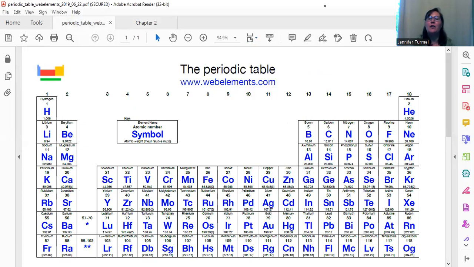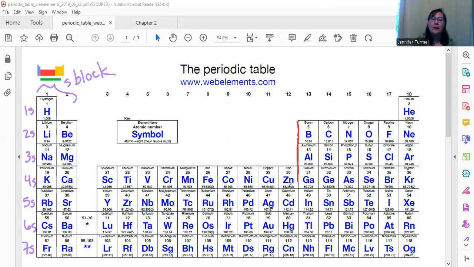I want to show you guys how to do this. So right here is your S block. What I would write on your periodic table is 1S, 2S, 3S, 4S, 5S, 6S, and 7S. Then I would come over along here and block in this group.